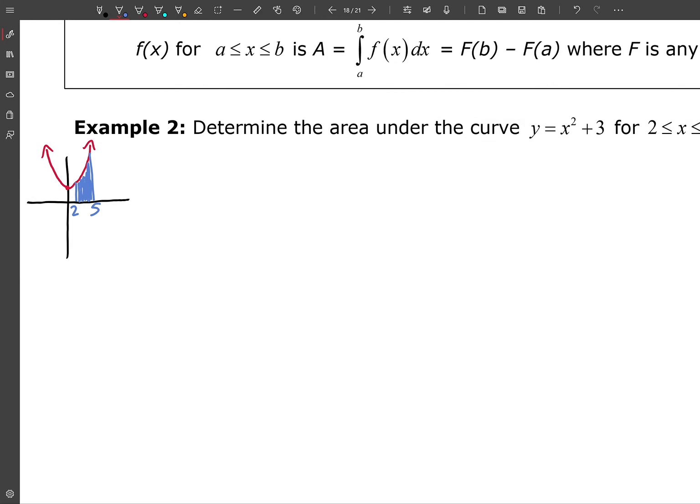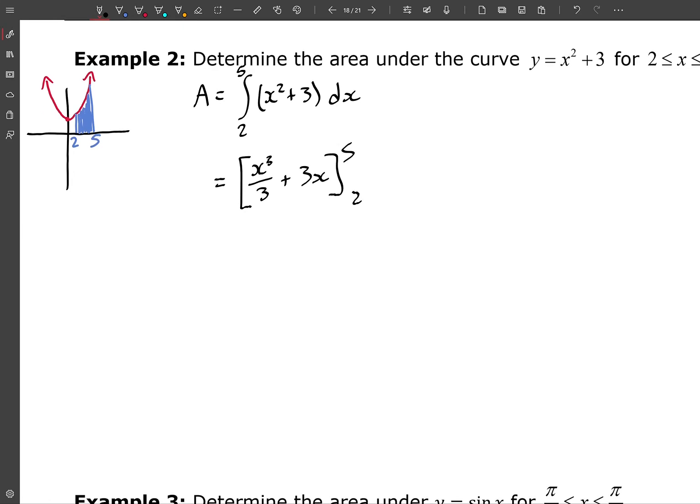Okay, so the area then is equal to the integral from 2 to 5 of x squared plus 3 dx. This is equal to, well, that integral is going to be x cubed over 3 plus 3x from 2 to 5.